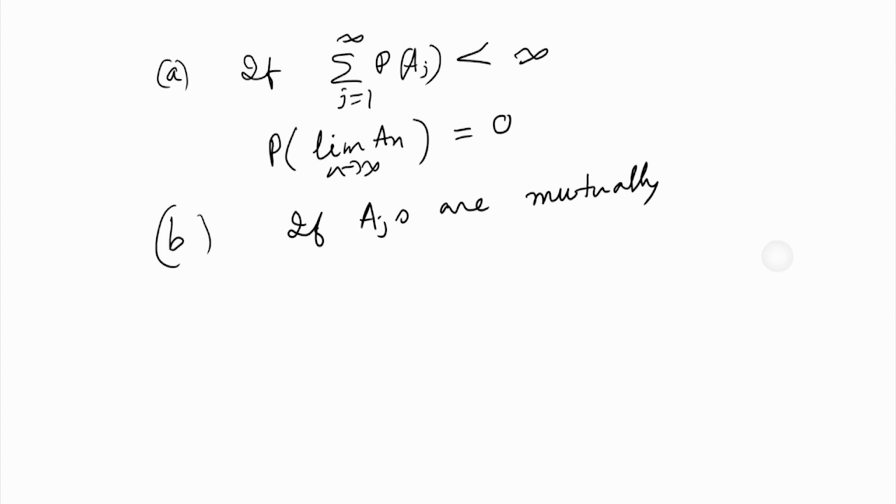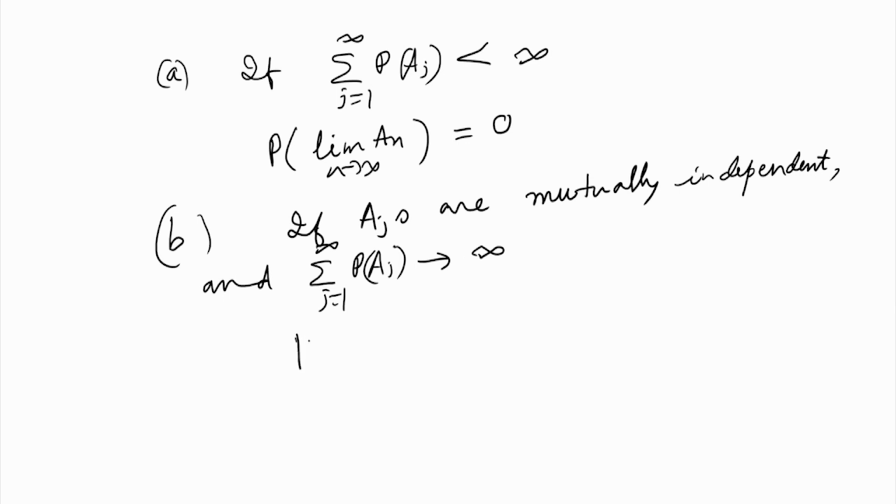So, if the A's are mutually independent, and the summation of P(A_j), j going from 1 to infinity, diverges, then the probability of limsup of A_n as n tends to infinity is equal to 1.